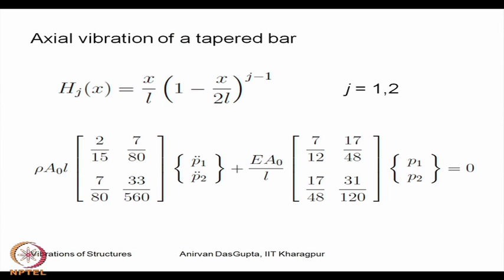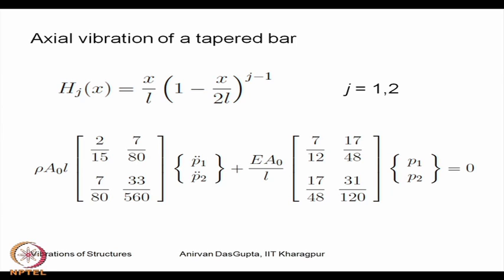So, let us look at the axial vibrations of the tapered bar once again. Here I have written out the admissible functions that we have chosen. So, h_j of x for j equal to 1 and 2, so we have taken two functions and discretized using these two functions.